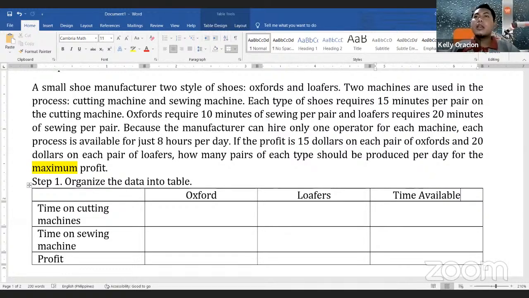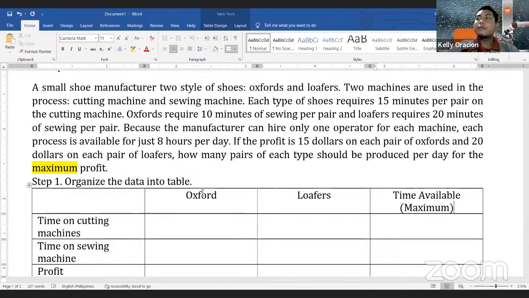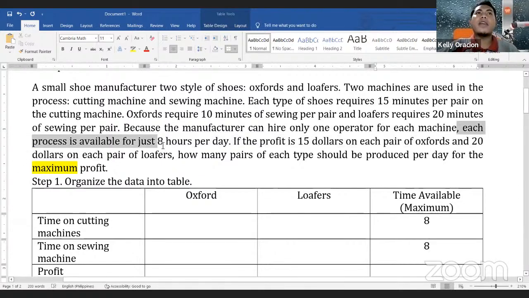So the time available, which you are going to maximize, is 8 hours, and 8 on the other side too. Note, the problem says each process is available for just 8 hours per day, so both should be 8.